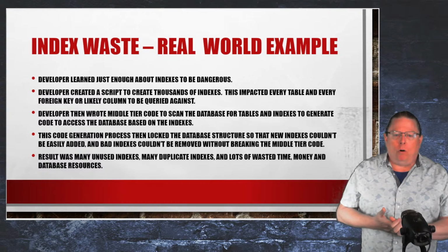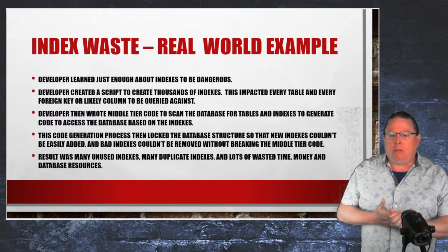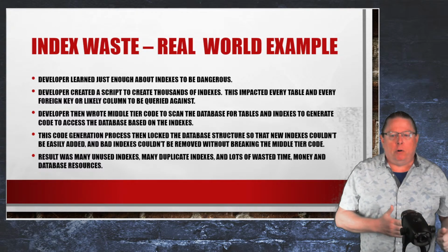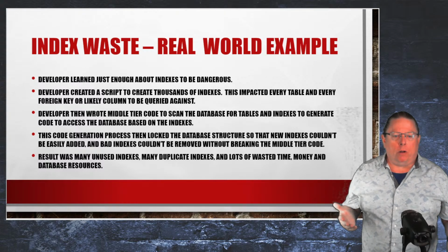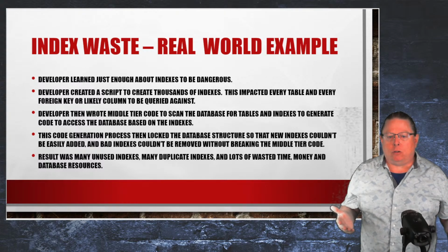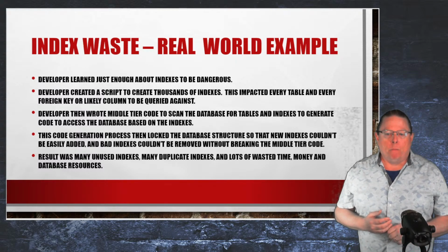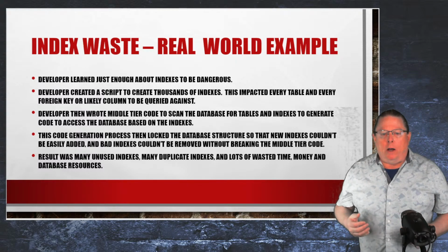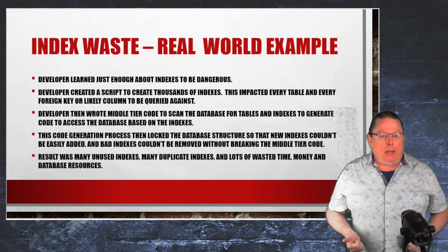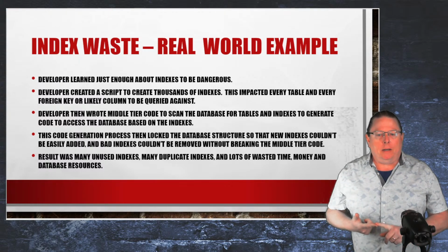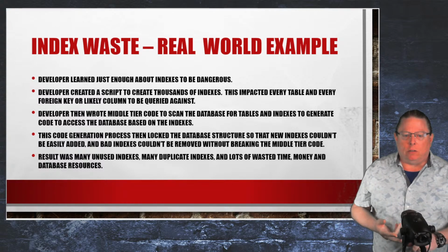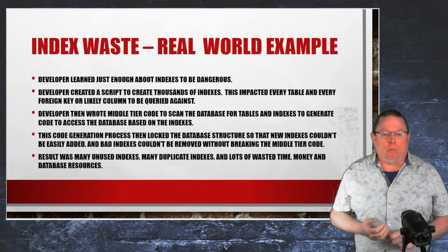And then, to make it worse, the code generation process then locked the database structure, so that if we were to remove indexes, it would then have broken the middleware code talking to the database, and bad indexes couldn't be removed in that example. The result was this database ended up with many unused indexes, many duplicate indexes, and lots of wasted time, money, and database resources.